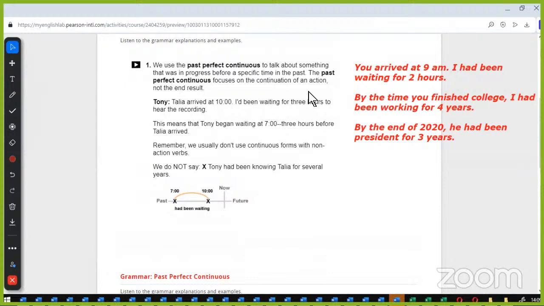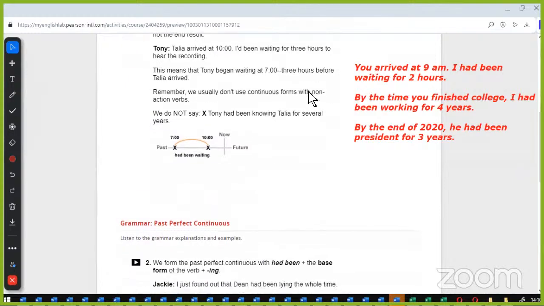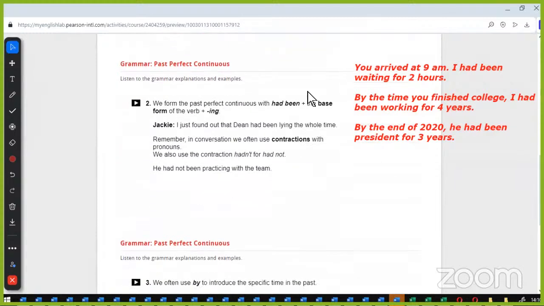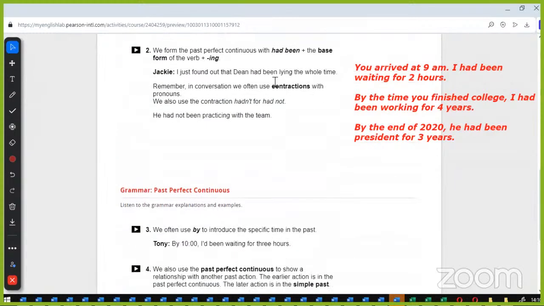No, it's okay. Okay, so number two, we use the past continuous with had been plus the base form plus ing.